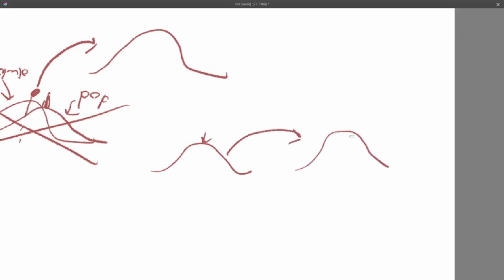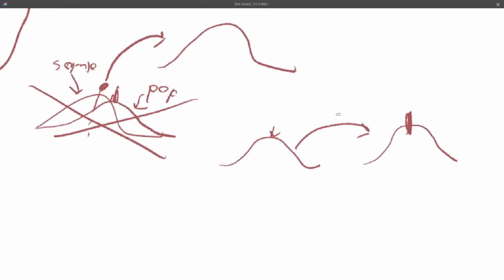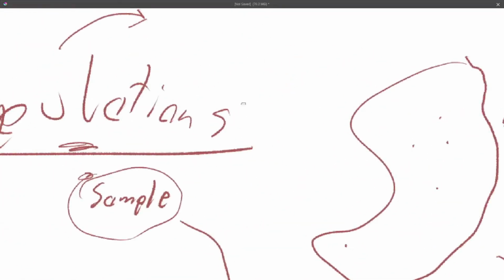Boom. So here are the means of all the samples. And if our sample is unbiased, which means it's not poorly taken, etc., the mean should be almost identical to the population mean. And it is by this that we find out the population mean.